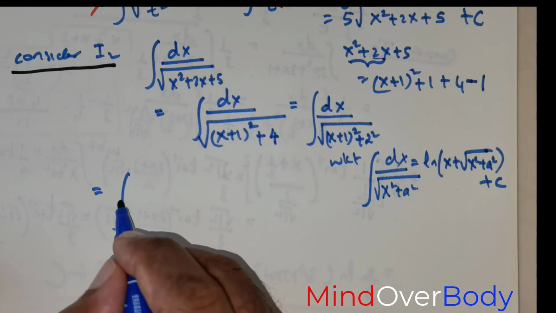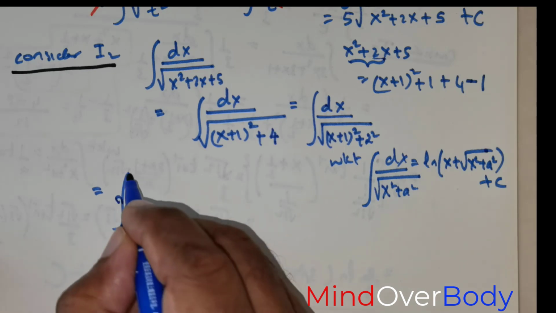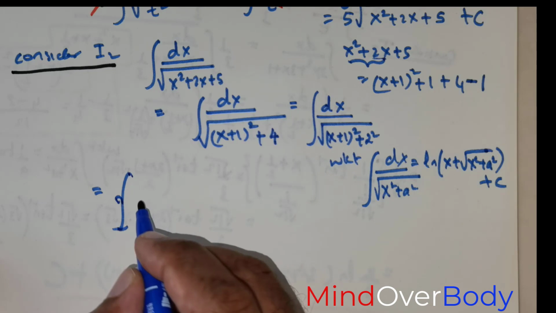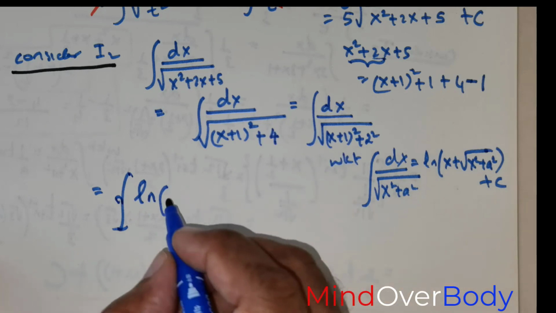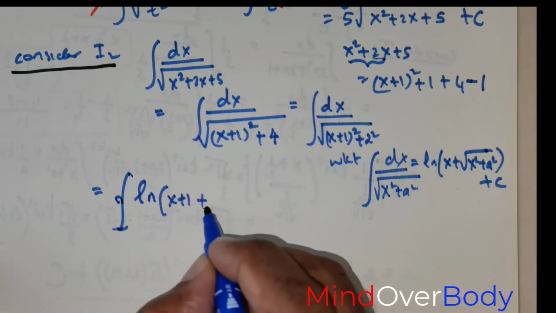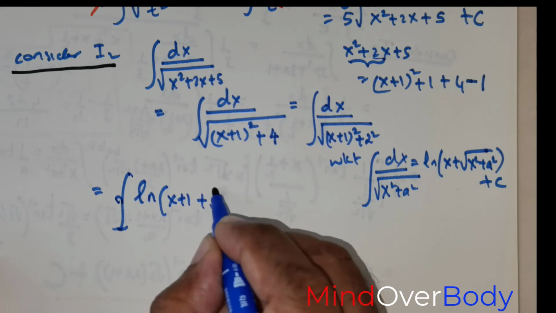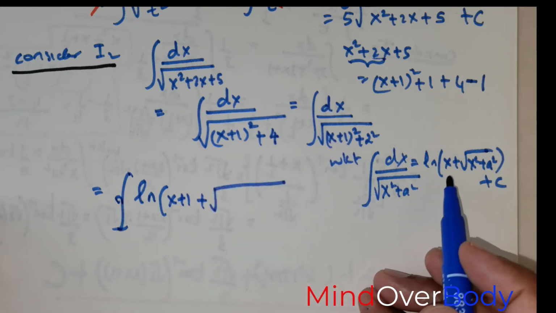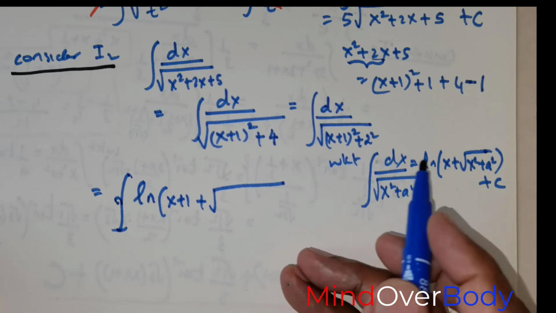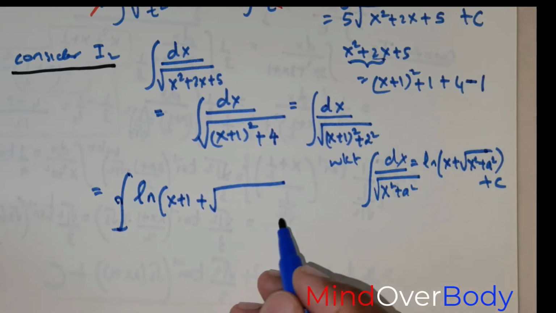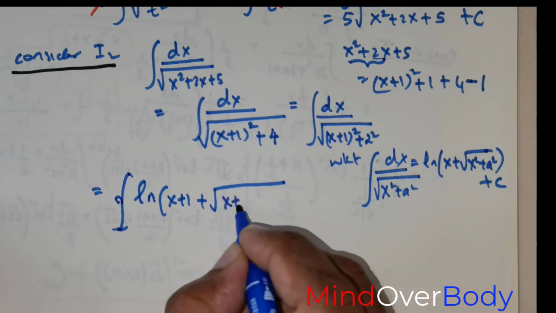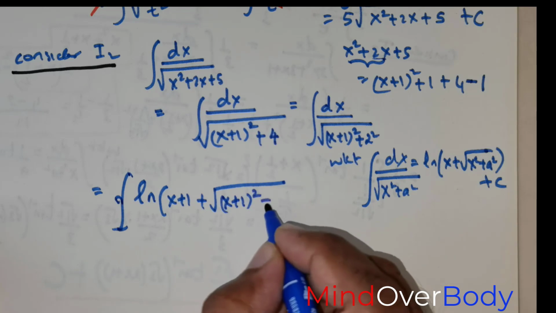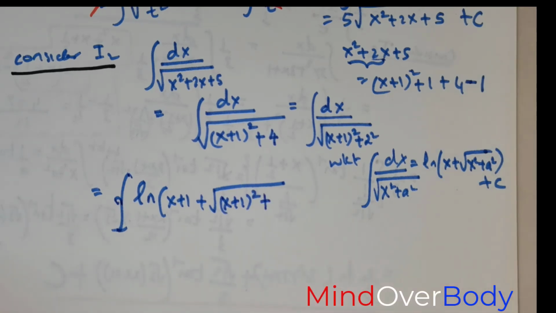So let me change it into parentheses, right? So this is equal to ln of my x, which is going to be x + 1, plus root of, x the first term with the second term, because that's exactly what we have to do here. So that would mean I get (x + 1) raised to the power of 2 followed by the second term, which is actually 2 squared.